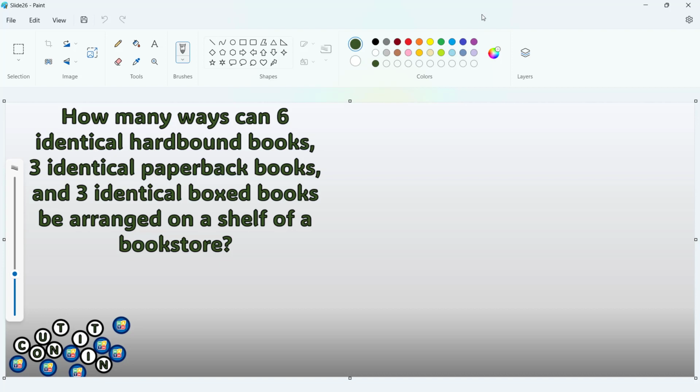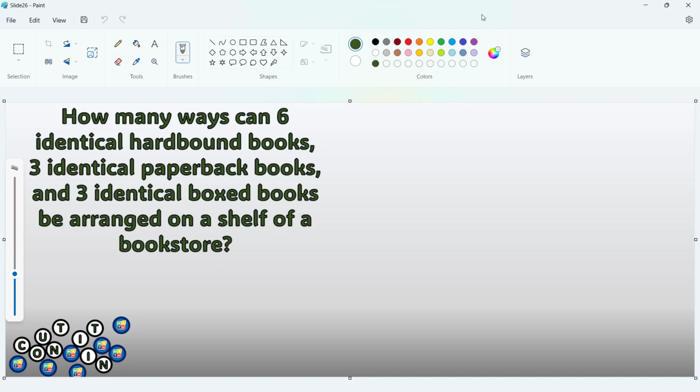However, there's one concern. We all know that before we could use permutation, there should be no repetition, and that's already checked here because once you place a book on a certain placement, you can no longer place it on another. The second concern is that for it to be called permutation, whenever you rearrange a certain placement, say placement 1 and placement 2, or book number 1 and book number 2, that is automatically another arrangement and counted differently.